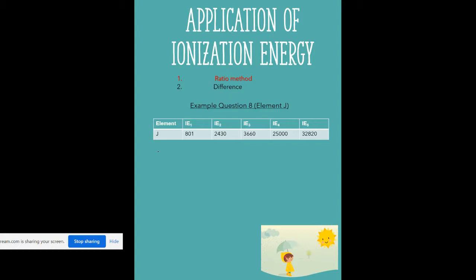We calculate all the ratios: IE2 over IE1, IE3 over IE2, IE4 over IE3, and finally IE5 over IE4.